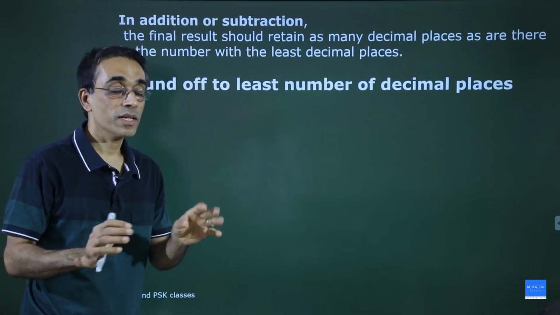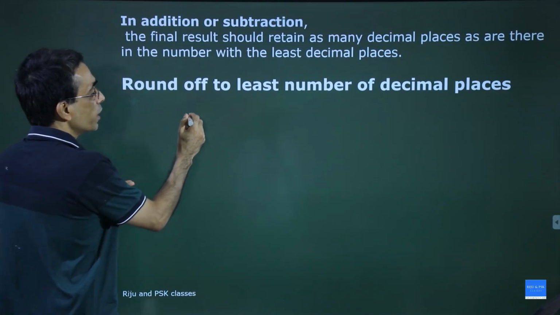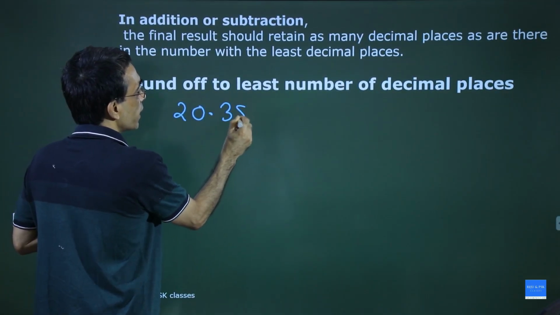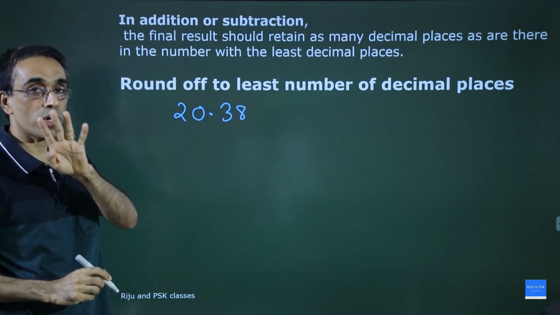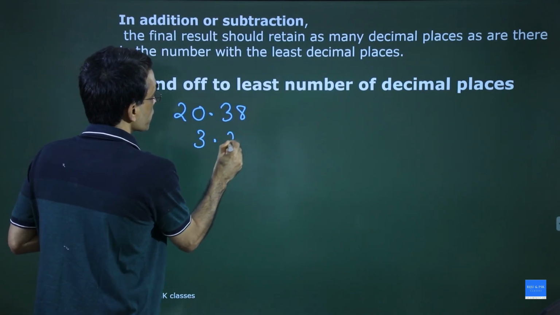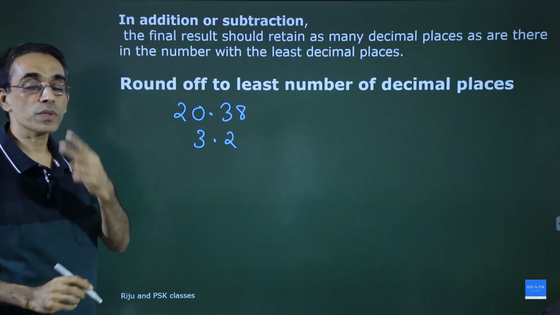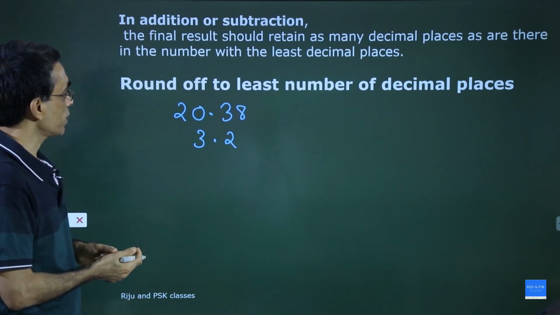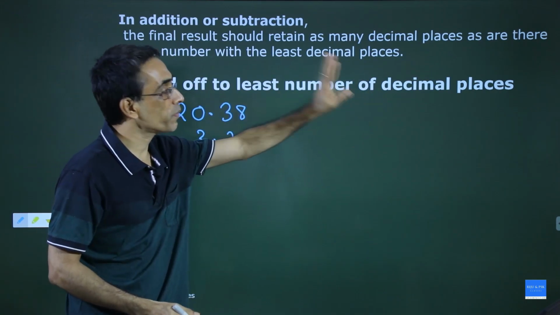Still confused? It's simple. Assume that you want to add 20.38, which has 4 significant places, with 3.2, which has only 2 significant places. What to do here? Round off to the least number of decimal places.